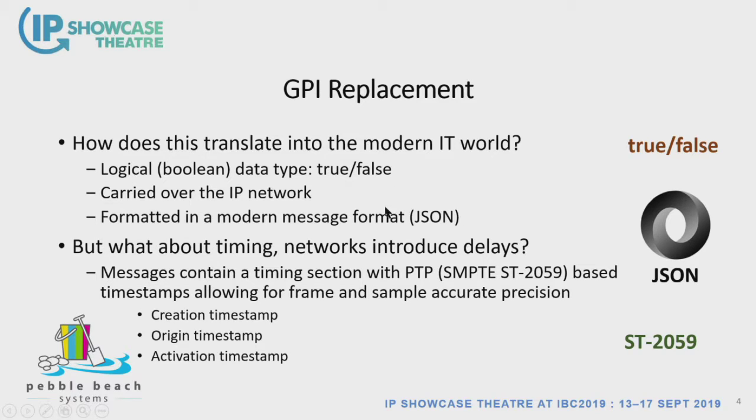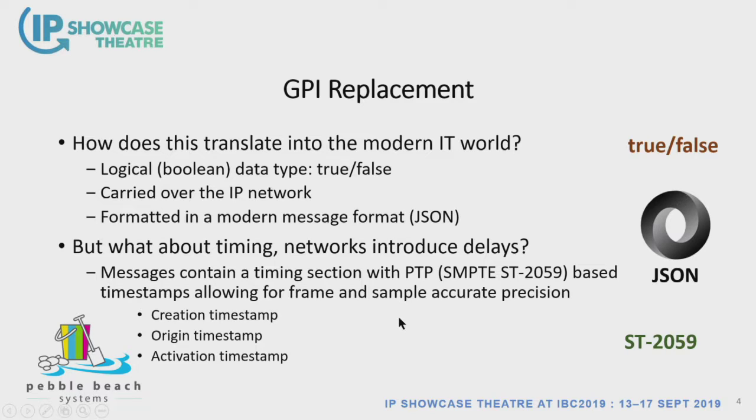I would say that IS-07 is even better in terms of precision and frame accuracy than the regular GPI, because it is based on PTP timing, SMPTE 2059, which is the same timing mechanism used for all the RTP streams. So you can have timestamps in those messages targeting specific frames or even audio samples. It could very easily be sample accurate.